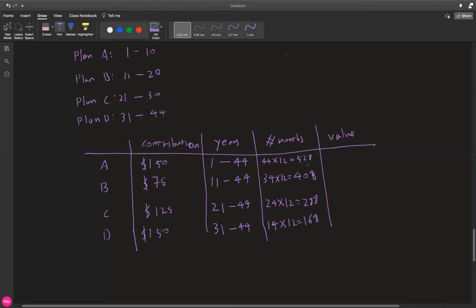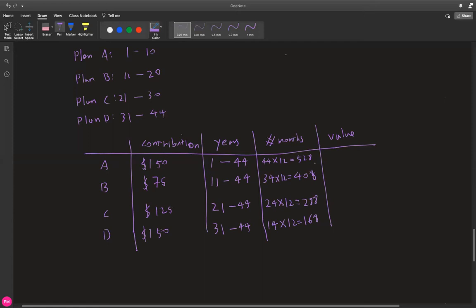So let's try to understand what this table is. So plan A, let's not think about the increase in price. Let's just think about this whole process as 4 different investments. So your first investment, you're contributing $150 for 44 years.